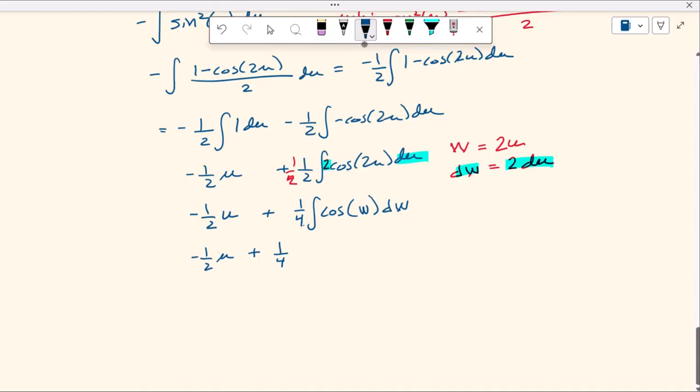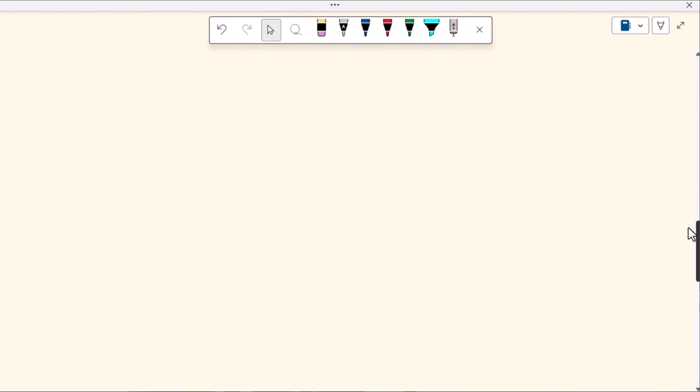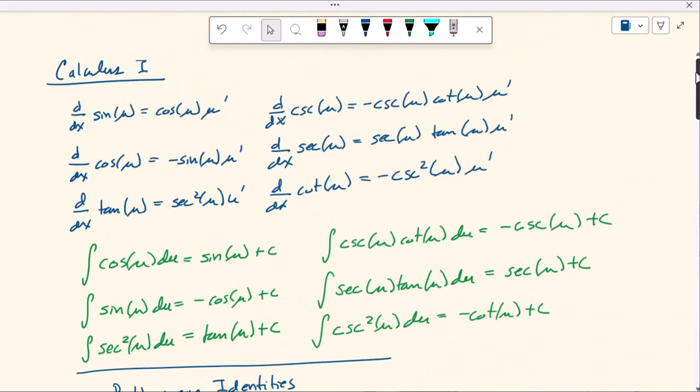Now the integral of cosine, if you recall, was negative sine of w. Okay, so let's look at the integral of cosine. If you don't remember, let's go ahead and pull up that formula sheet. So the integral of cosine, oh I'm sorry, I had it backward. The integral of cosine is a positive sine.